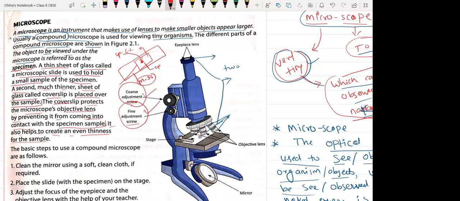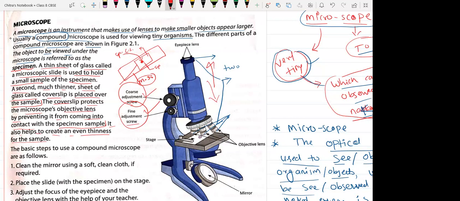If we are getting a blurred image, we adjust with the help of the screw so that it may move up or down. During the movement, when we get the clear image, we have to stop moving it.